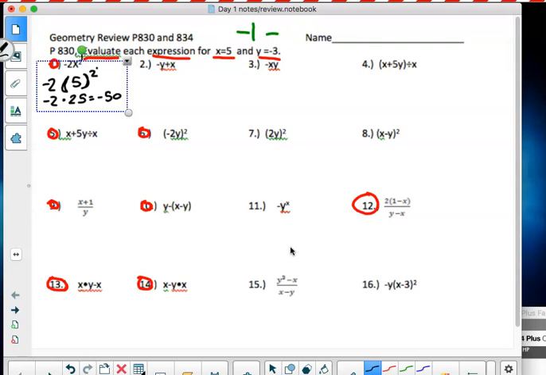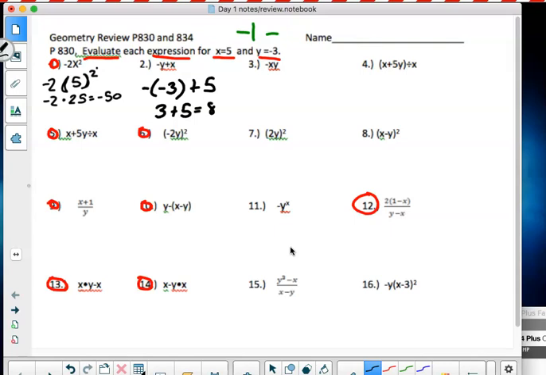So we're just going to run through each one of these 16. So I've got x equal 5 again, and y equals -3. So I'm going to take the opposite of what's inside, that -3, plus 5. Now I'm taking the opposite of -3, which is 3 plus 5, which is 8.